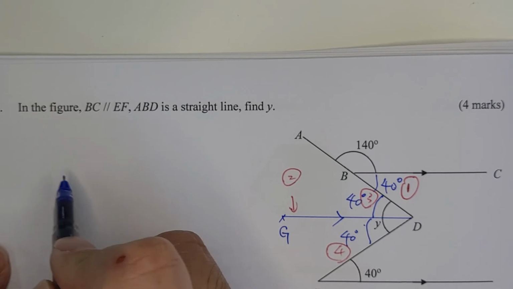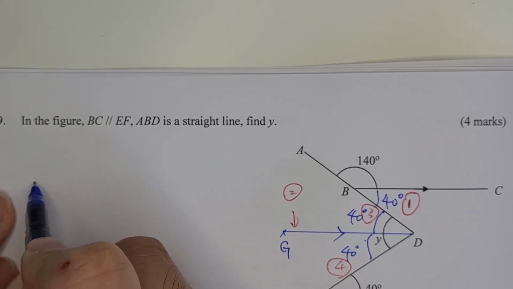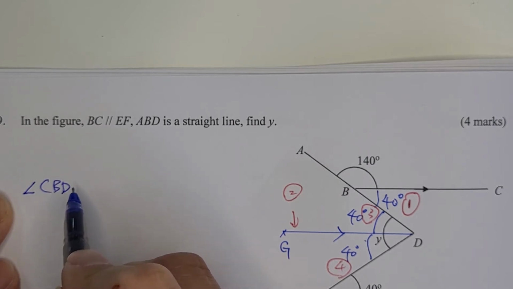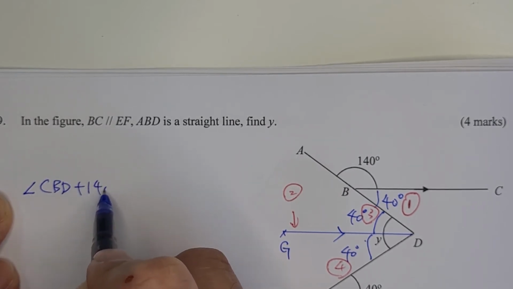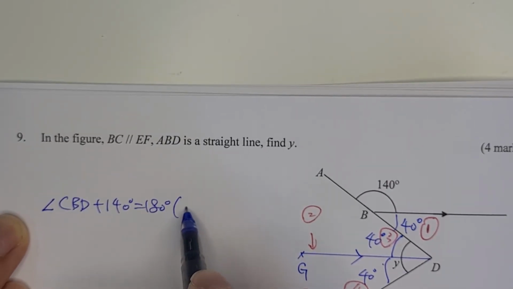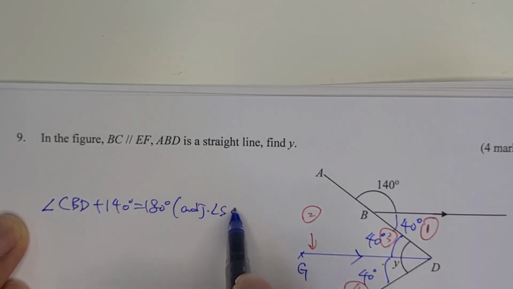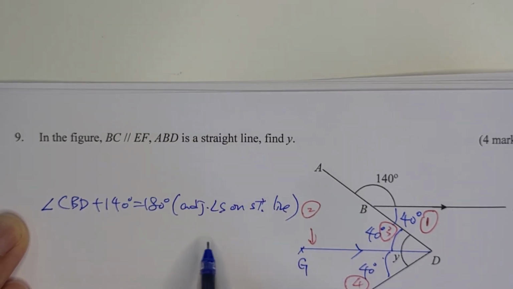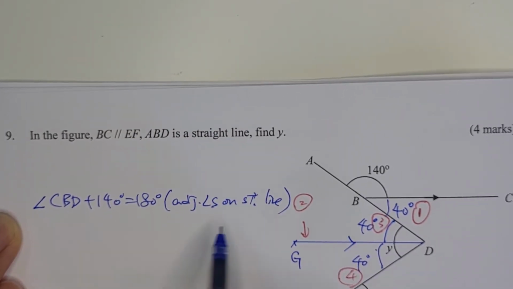So, angle CBD plus 140 degrees equals 180 degrees. Reason, adjacent angles on straight line. Now in Lower Form, you always write down the reason when you are working with the plane geometry problem, okay?